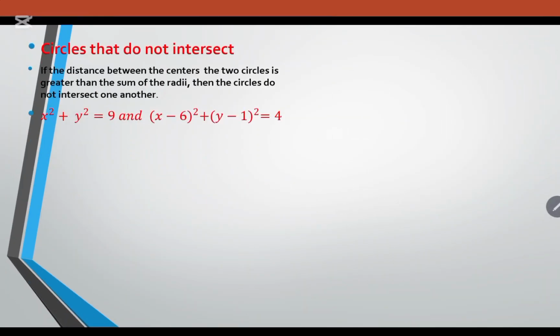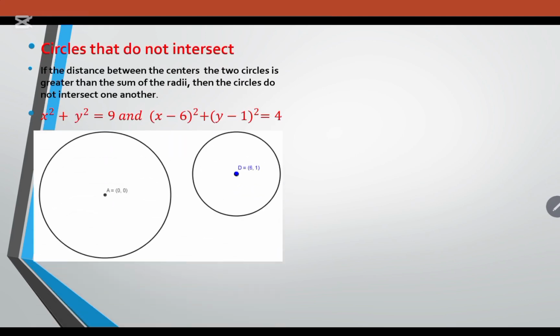Now, one last aspect of circles touching or not touching. We say if the distance between the centers of the two circles is greater than the sum of the radii, then the circles do not intersect one another. So let's look at that.